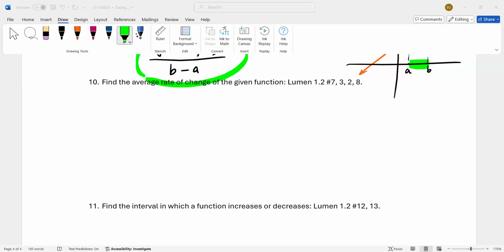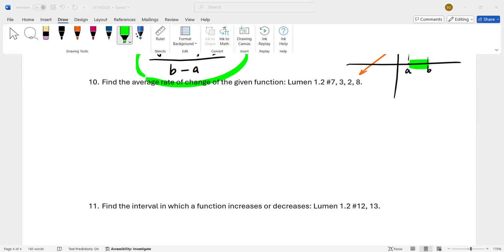In 1.2, I want to look at question number 7 first. It's still in your notes. I'm going to copy paste, then I don't have to switch share back and forth, which is very troublesome.